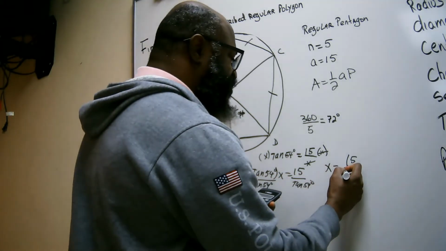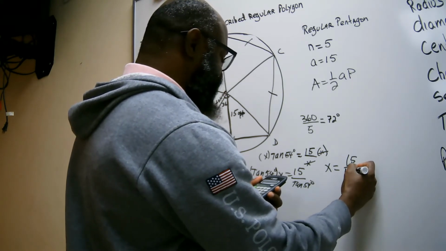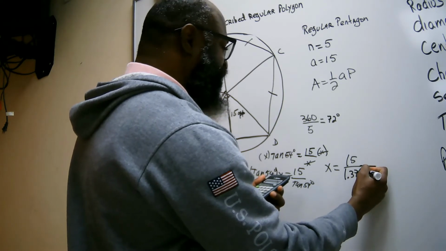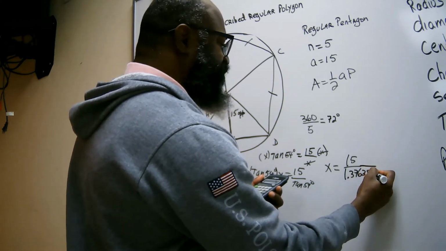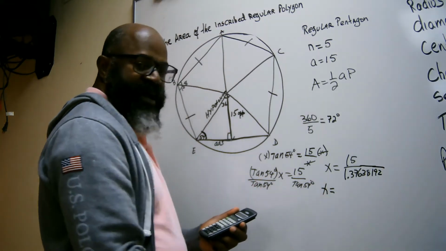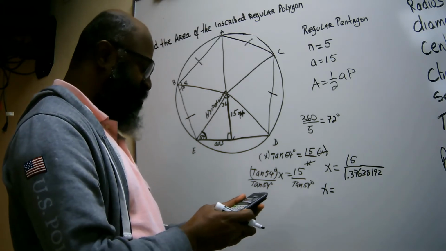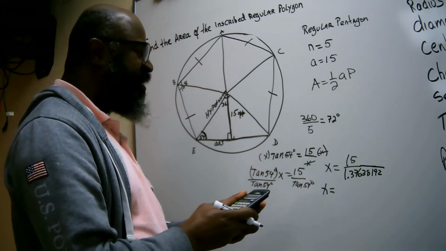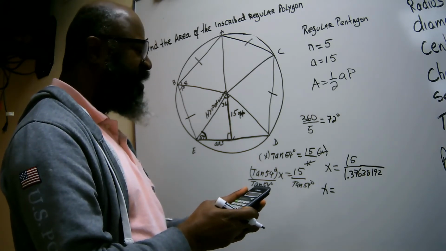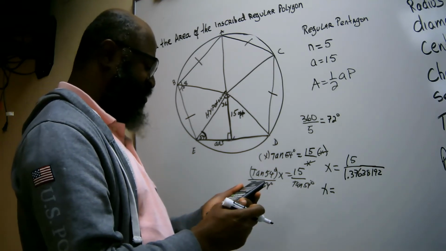For this tangent of 54, you put 54 degrees and you press tangent. It gives me 1.37638192. I'm going to use everything so I can get an accurate answer. So you have 15, you divide by 1.37638192.